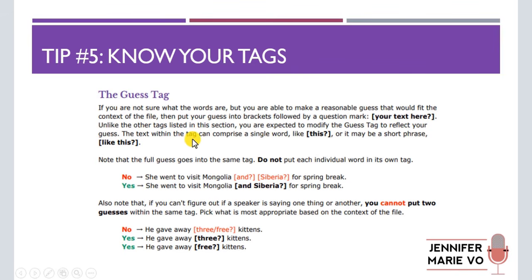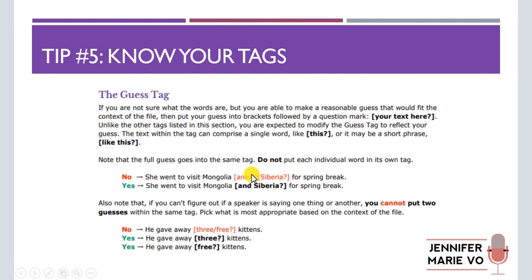The text within the tag can comprise a single word, like this, or it may be a short phrase, like this. Now, note that both these words are in the same brackets. You wouldn't put a bracket like and then a bracket this. You just put it like this inside the same bracket, with the question mark inside the bracket as well.